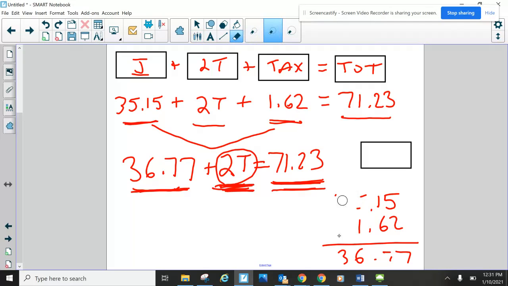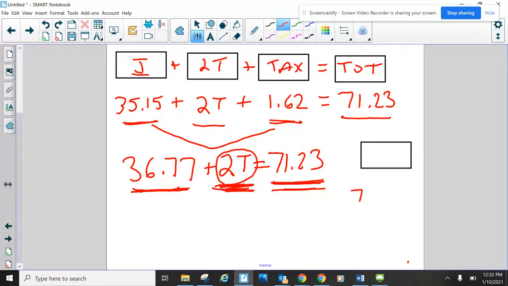So I'm going to go off again and get some scrap paper, and I'm going to take this 71.23 and subtract from that $36.77. Because this 71.23 is my total. This is the part that is made up of the jeans and the tax. I need to find out the part that's missing.